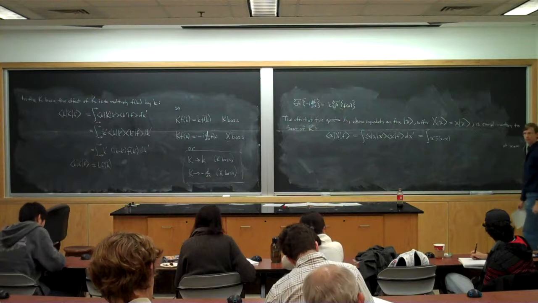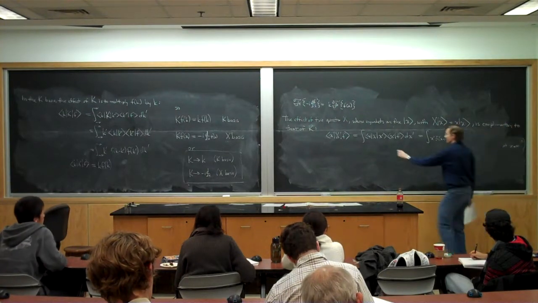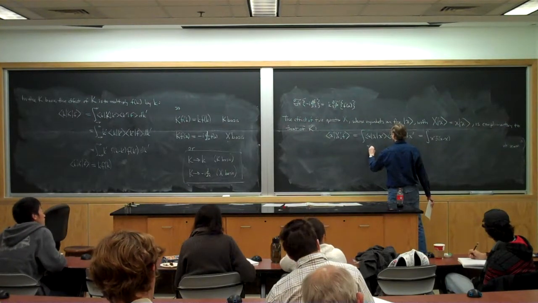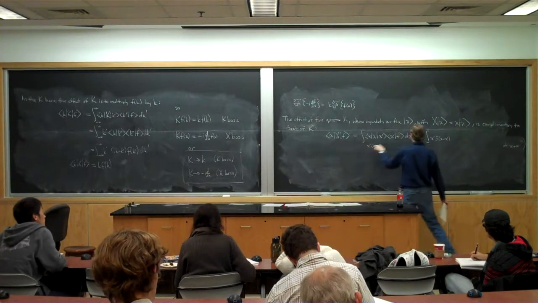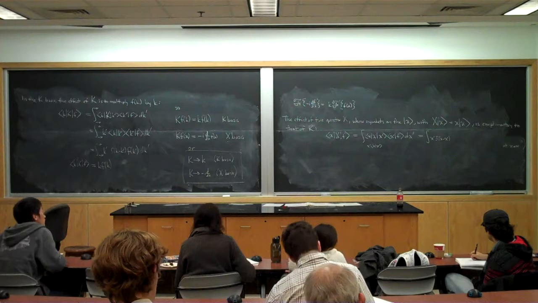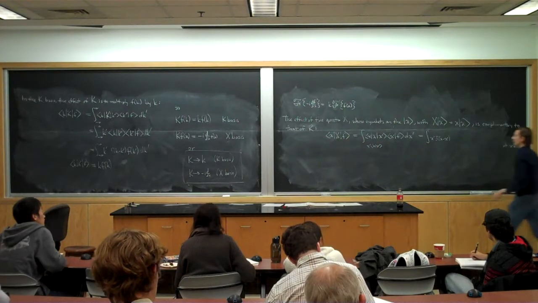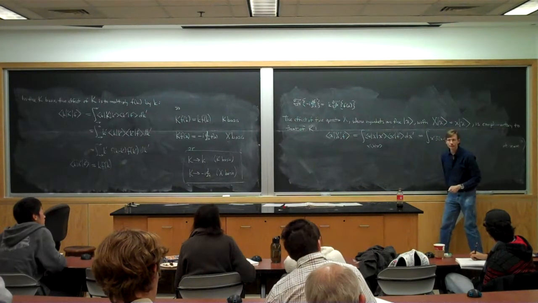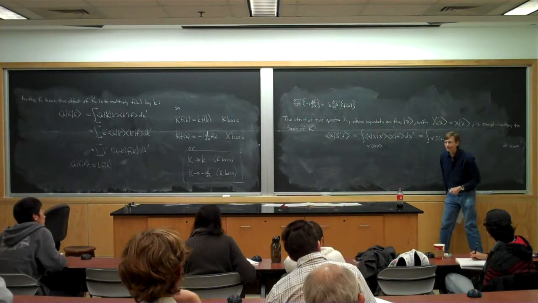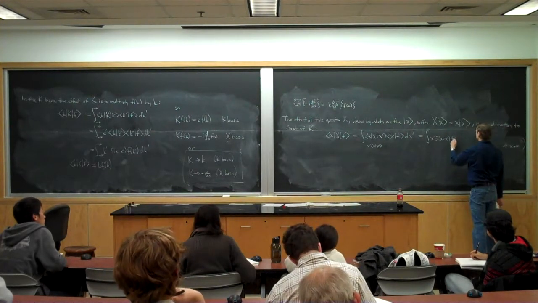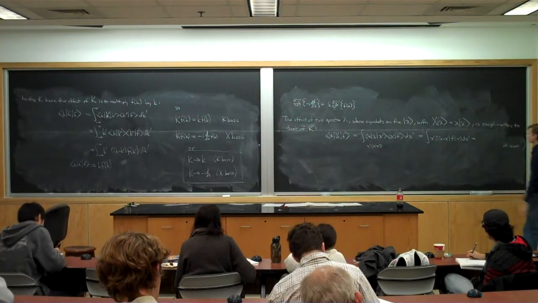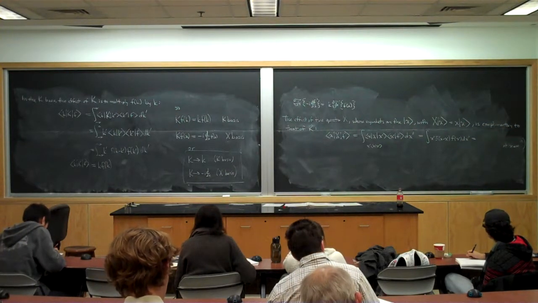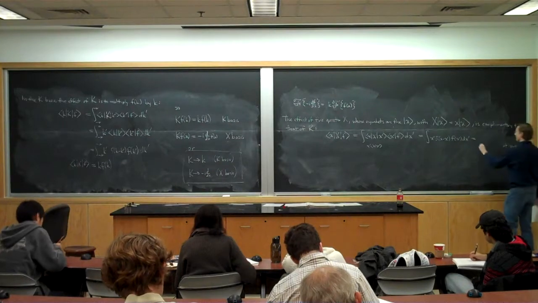I can throw it in one more line if I need to, right? Because this is x prime times the inner product of x with x prime, which is x prime delta of x minus x prime. Meanwhile, f projected onto x prime is f of x prime. And what does that integral simplify to? x f of x.